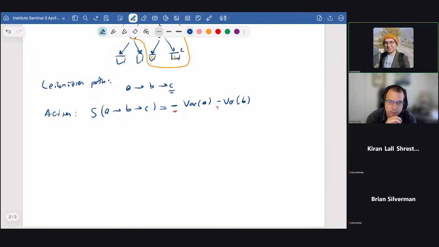Otherwise, it will be counted twice in the phase amplitude in the transition amplitude.